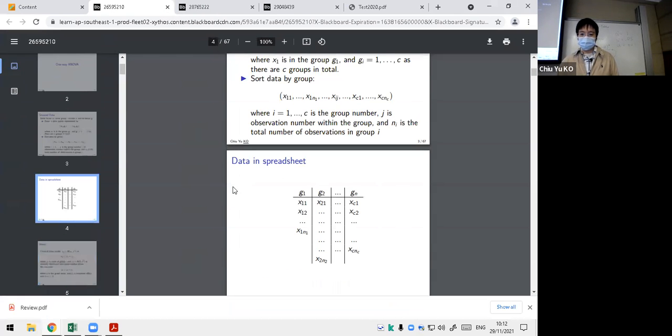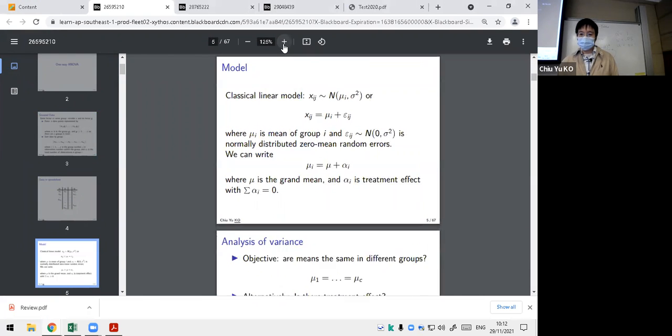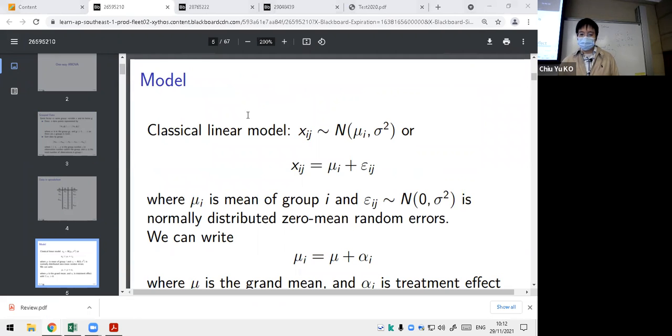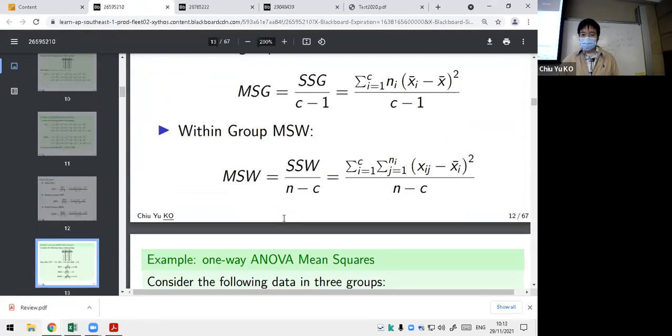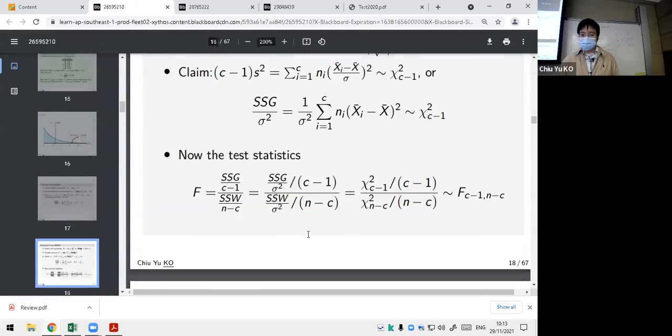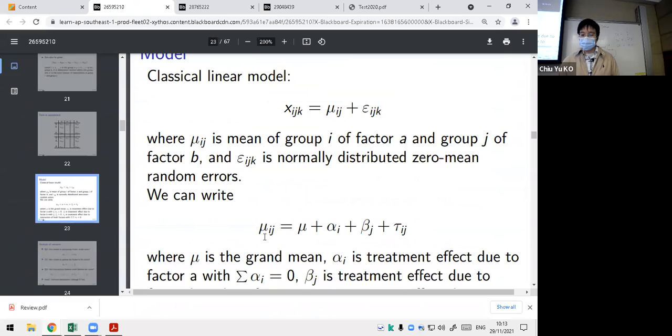So you do notice Anova, you need to assume this, right? For one-way Anova, you need to assume this is the model. And for two-way Anova, you are actually doing a different model. You're assuming this.